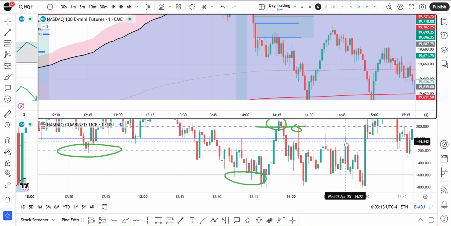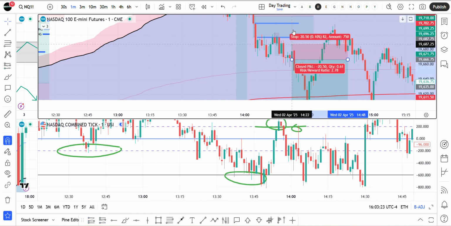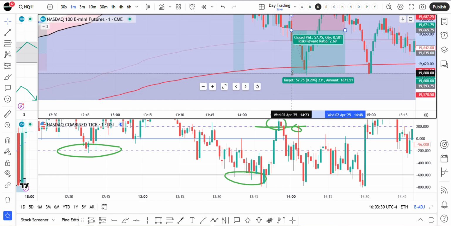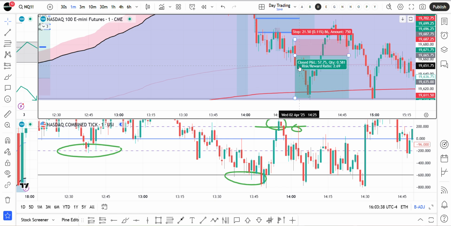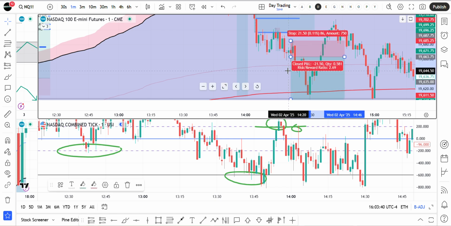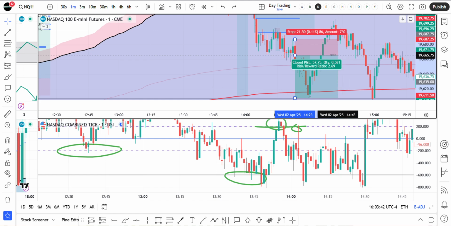From 1419, we're looking at 1422, and we short again. Stop above the high, same target. 22, 25. Can move our stop.